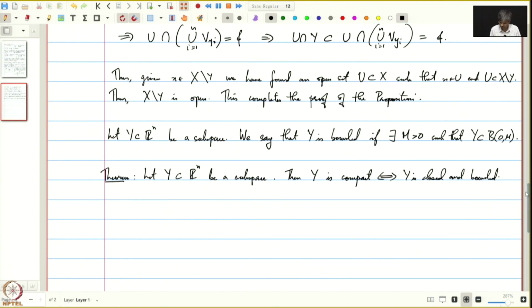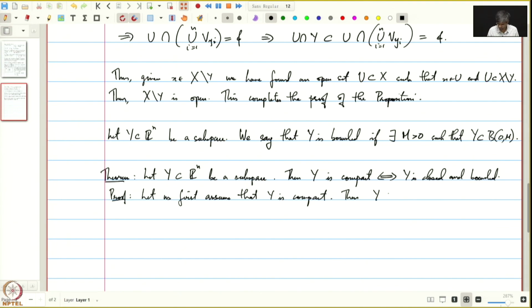Okay, so let's prove this theorem. So let us first assume that Y is compact.